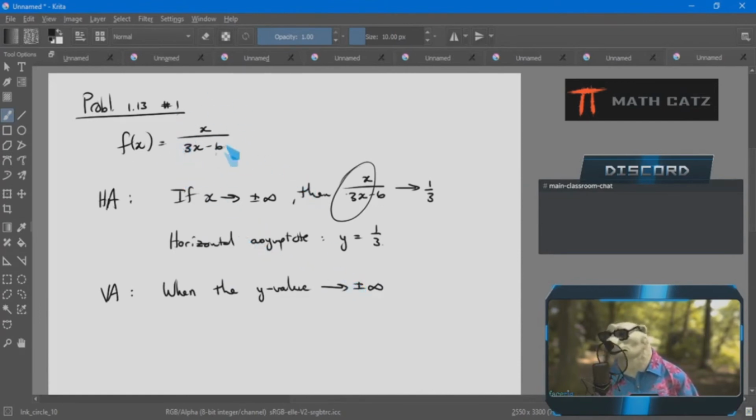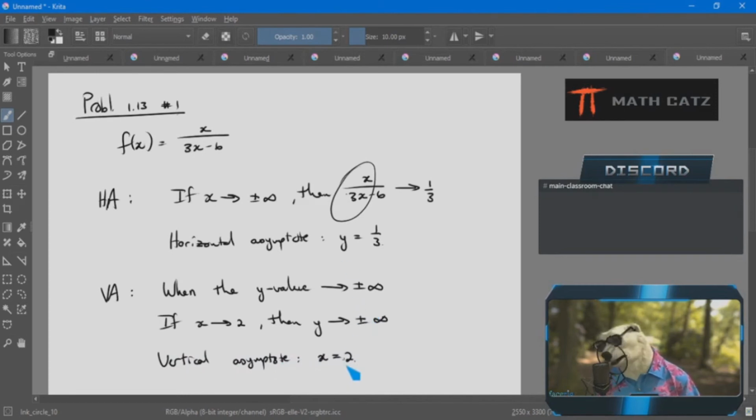That is going to be caused by the denominator shrinking down to 0 and the numerator being some other number. So this is going to happen if, in this case, x approaches 2, then y approaches some infinity. I'm not going to care which one, because sometimes it depends on which direction I'm coming from. It's blowing up in size either way. When that happens, we have a vertical asymptote, and it's the vertical line that sits at that x value.